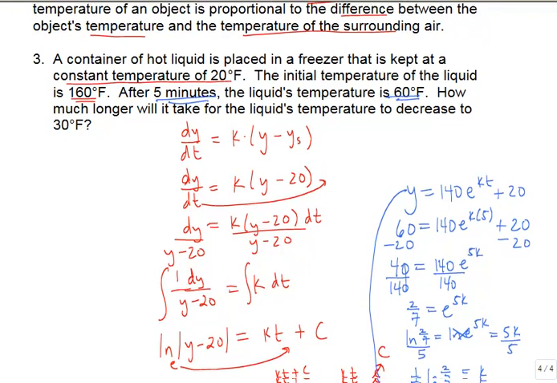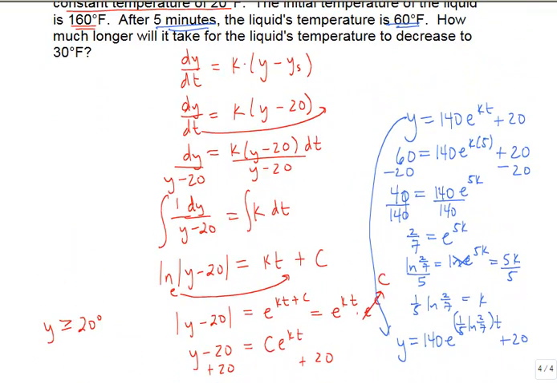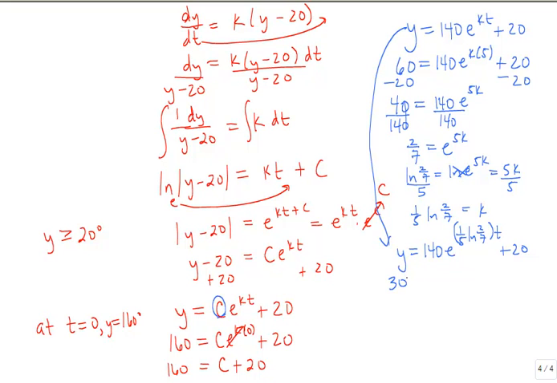So if I plug in 30 degrees for my end temperature here, I want my y to be 30. So we want to solve this for t. So just like before, first thing you have to remove is the 20, so I'm going to subtract it and just get a 10.